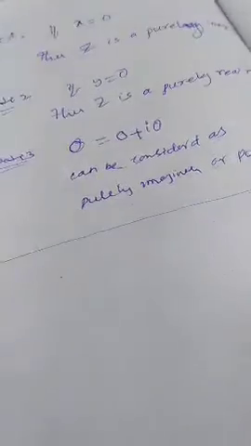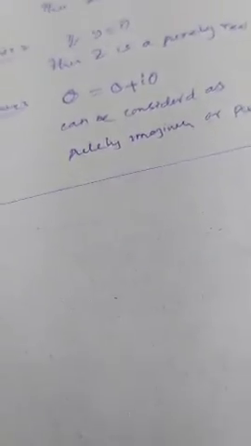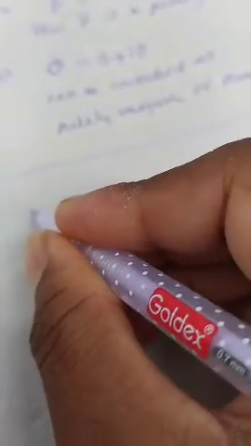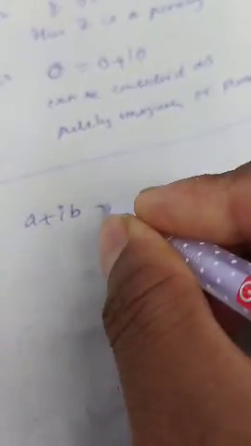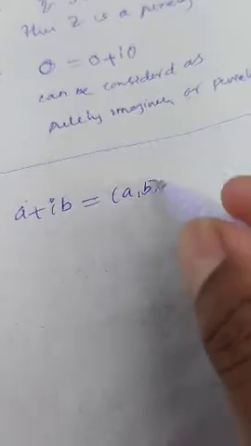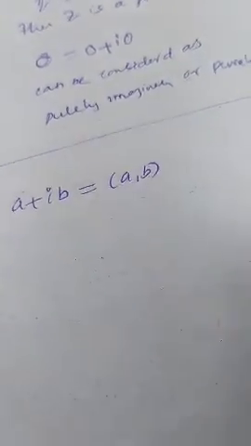Now the Argand plane. What I said, Argand plane. Every complex number you can represent as a point in the plane. Suppose I am taking one complex number, a plus ib. Already I said every complex number you can consider as an ordered pair (a, b). And we know every ordered pair you can represent in the plane.